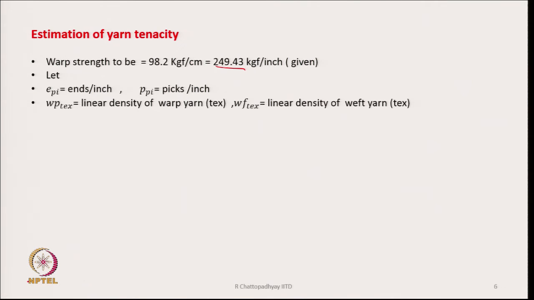So, let us say EPI stands for ends per inch, PPI stands for picks per inch, and WPTX is the linear density of the warp yarn.